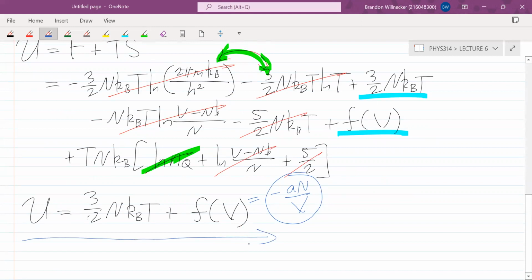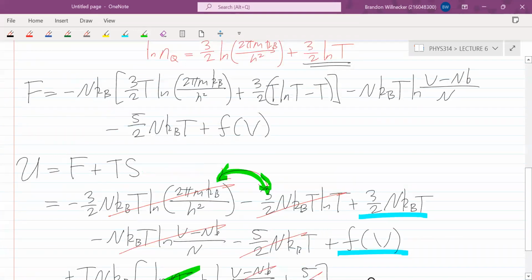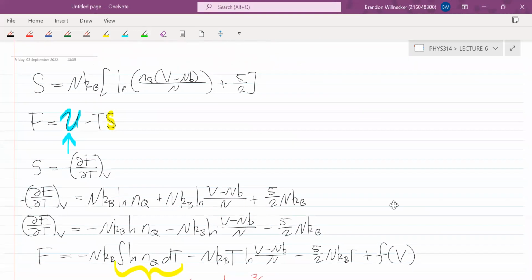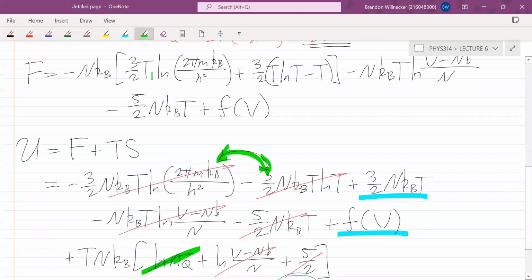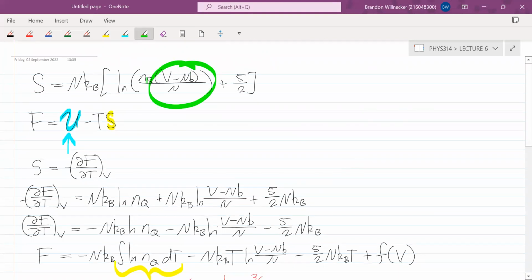In the test, if we write that U is equal to 3/2 NkBT plus F of V, but we don't write that minus aN over V, we will get marked down. Yeah, so this minus aN over V, that is an extra term from the free energy. So you see here, this entropy doesn't have that. It's got this term here, but it doesn't have that other term.